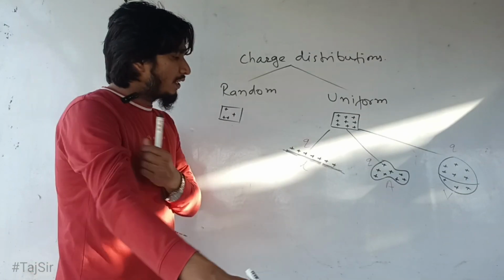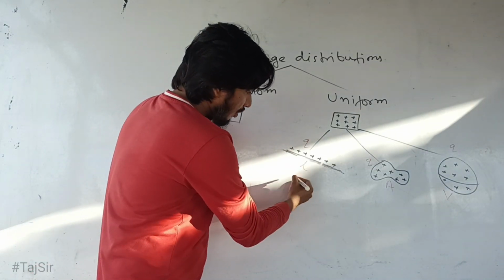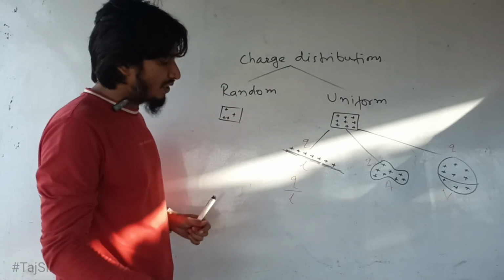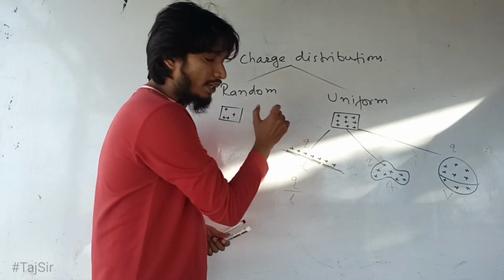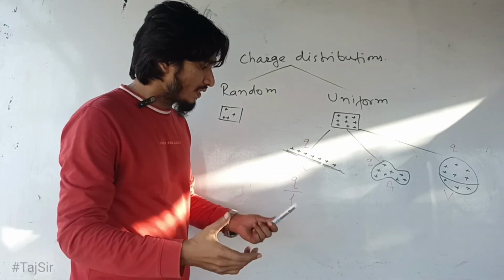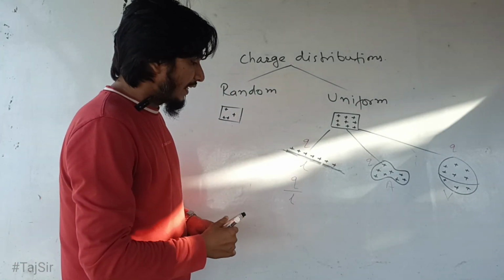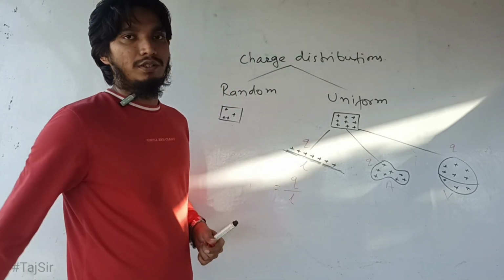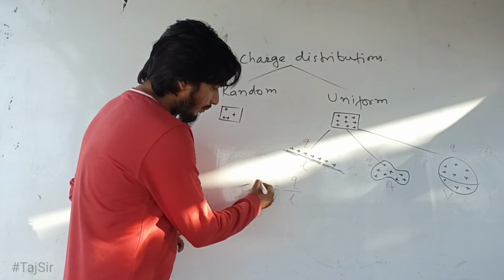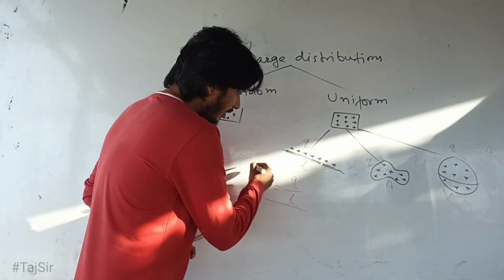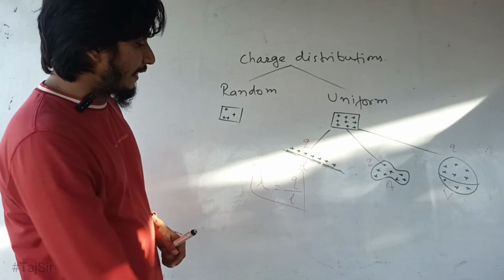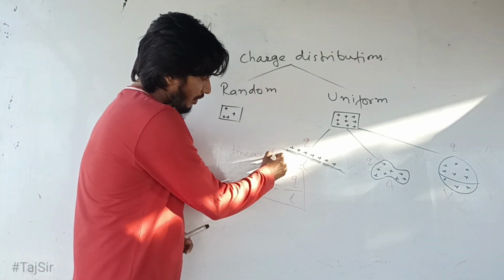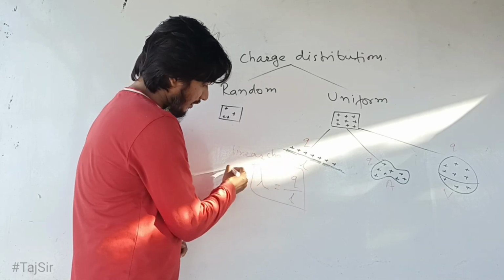And we define a quantity Q by L in the first case. What it means is if we select a unit length, say 1 meter or 1 centimeter, then the amount of charge present in that unit length is Q by L, and this is denoted by lambda, and we call it linear charge density.